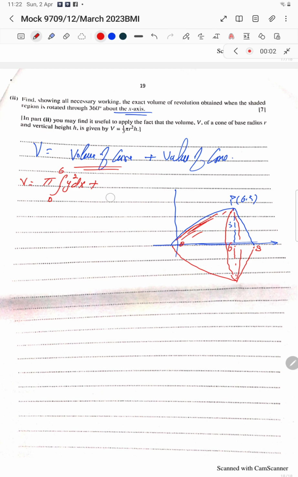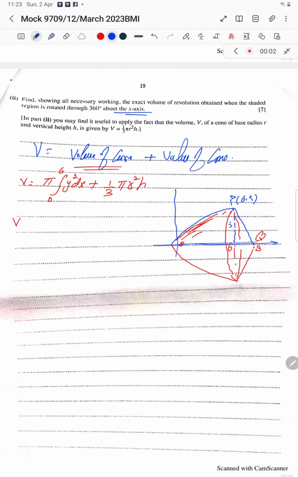Volume of cone we know well, we can write it directly, otherwise we can find the equation of line PQ and apply it in the formula as another approach. But here the formula is given, so volume of cone is 1 by 3 pi r squared h, and r will be 5.